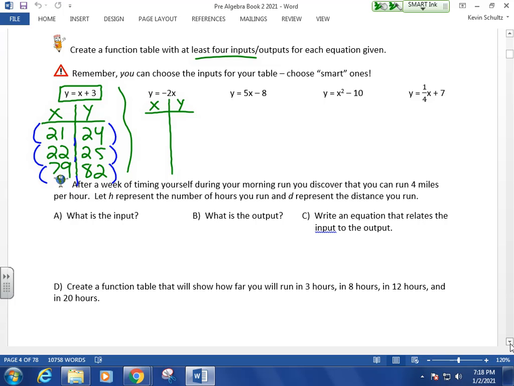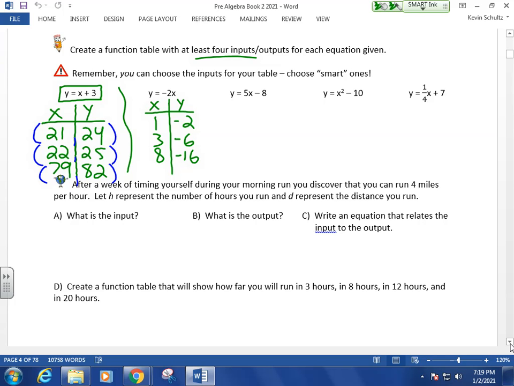So if x equals 1, well, negative 2 times 1 would give us a y value of negative 2. If x is positive 3, well, negative 2 times positive 3 is going to give us a y value of negative 6. Let's say that x is 8. Negative 2 times 8 is a negative 16.